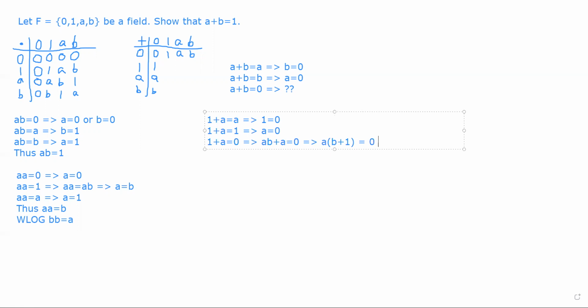But now if we multiply by A inverse on both sides, we get that B plus 1 equals 0. But we assumed initially that 1 plus A equals 0, so that means 1 plus A equals 1 plus B, which would imply that A equals B, which is impossible. Thus, we conclude that 1 plus A has to be B.